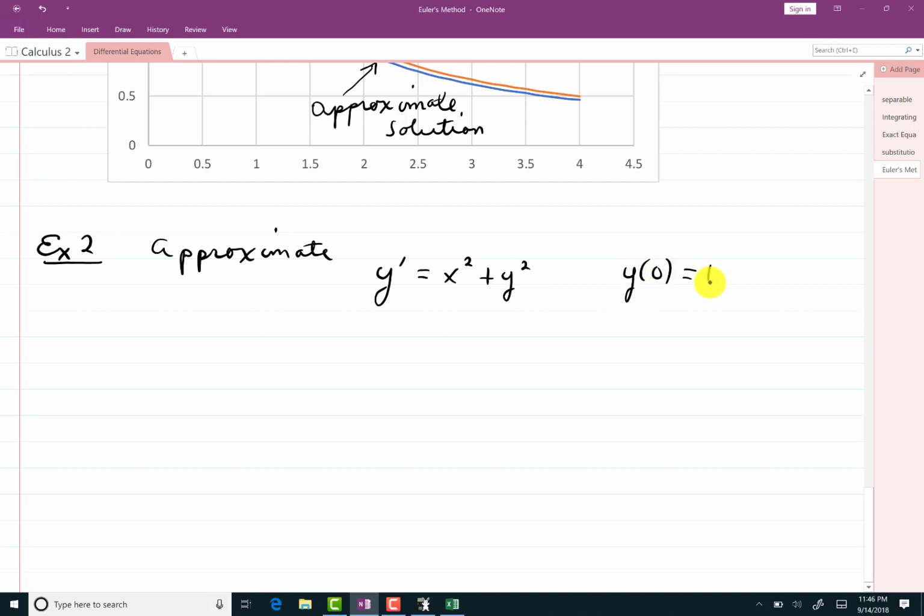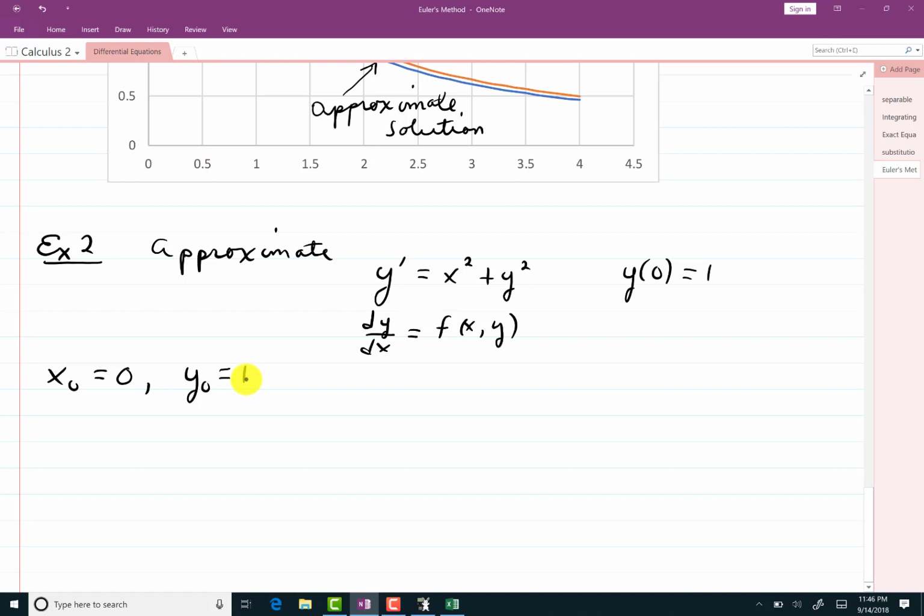So let's go through the process and see what happens. Remember, this is dy over dx equals f of x comma y, and x sub 0 equals 0, y sub 0 equals 1.